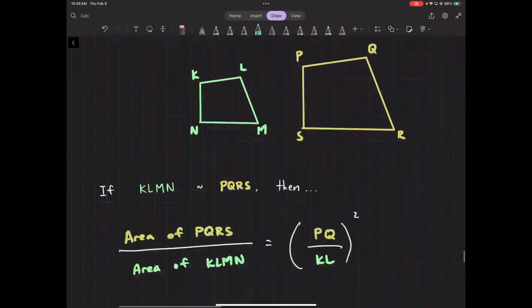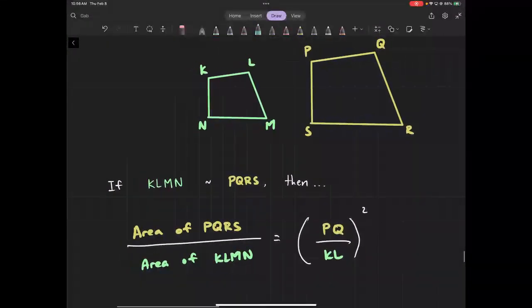I think I can do this. Okay, the idea here is very similar. You're still gonna work with ratios, but when it comes to the sides, you have to square it because we're talking about area.